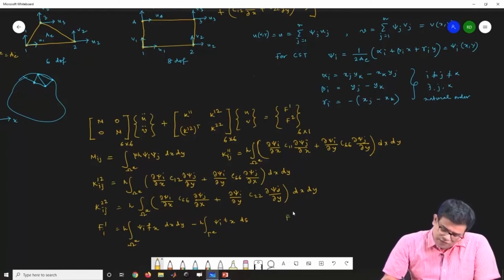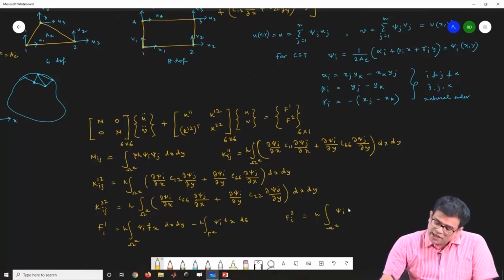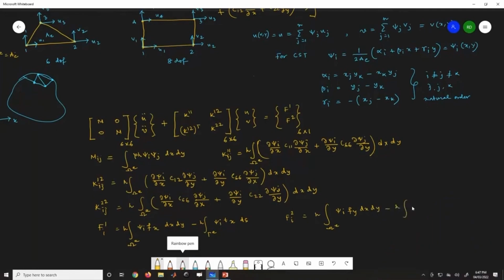So similarly f2I is integral over omega e, psi I into fy dx dy minus h into psi I into ty ds.